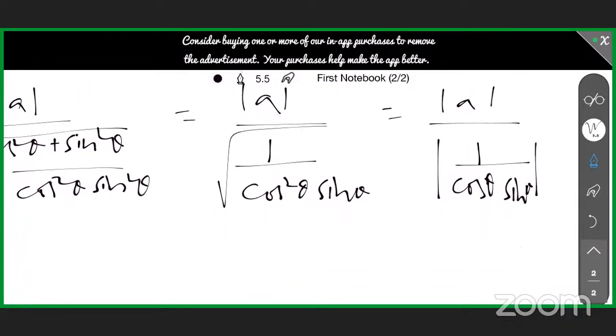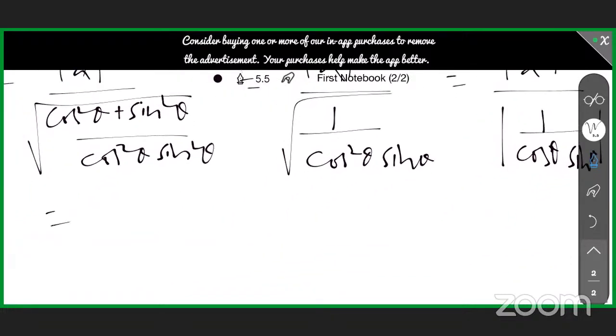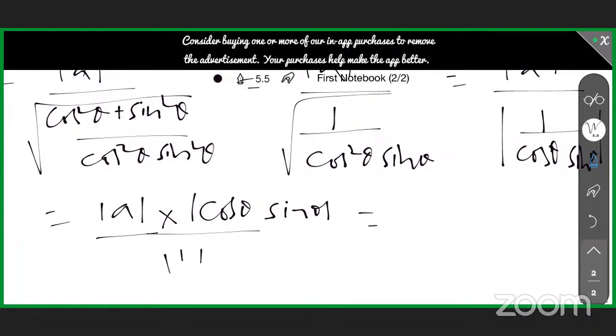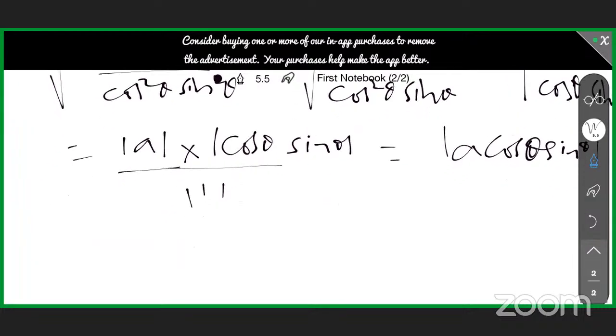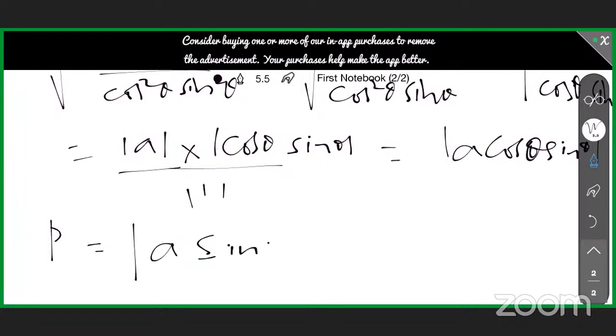Therefore, what happens? The entire thing will become mod A. If I cross multiply, it will become cos theta sin theta by mod 1, that is equal to mod A cos theta sin theta. Therefore, what is my perpendicular distance P value? P value is equal to A sin theta cos theta.